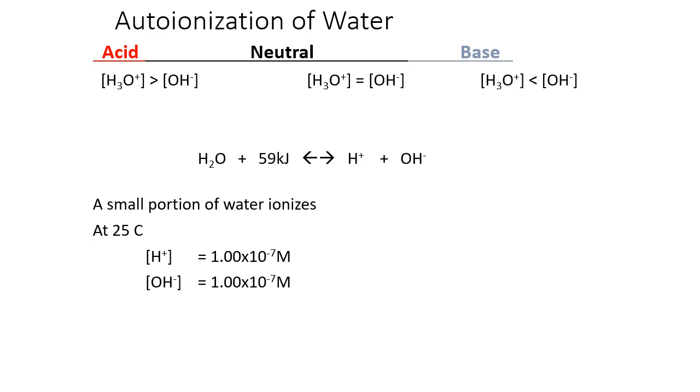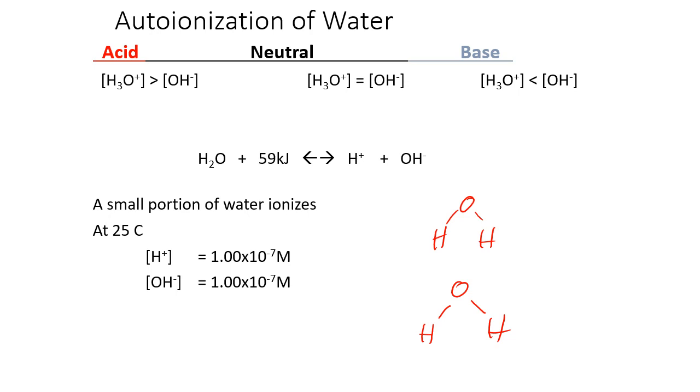So how this happens is that you'll have a couple of water molecules, and rather than drawing it like this, I'm actually going to draw it like this. So let's say we have two water molecules that are there.